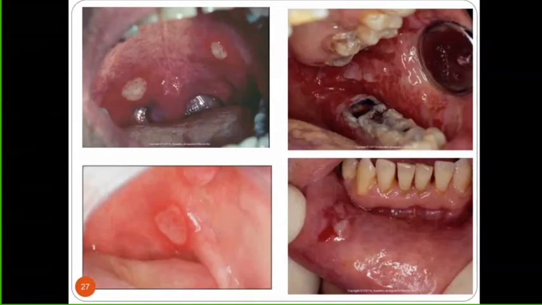You can see the halo. But the right side below picture, the labial of the lower lip, is a bullous pemphigus vulgaris. Okay, because the bulla is there which has busted, and you can see the bleeding also happening in this area. So this is the difference between a vulgaris lesion and an abscess ulcer.